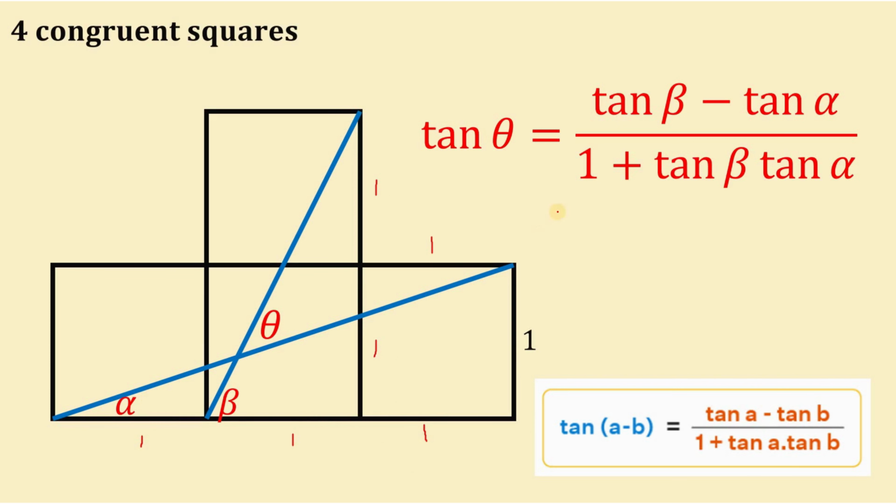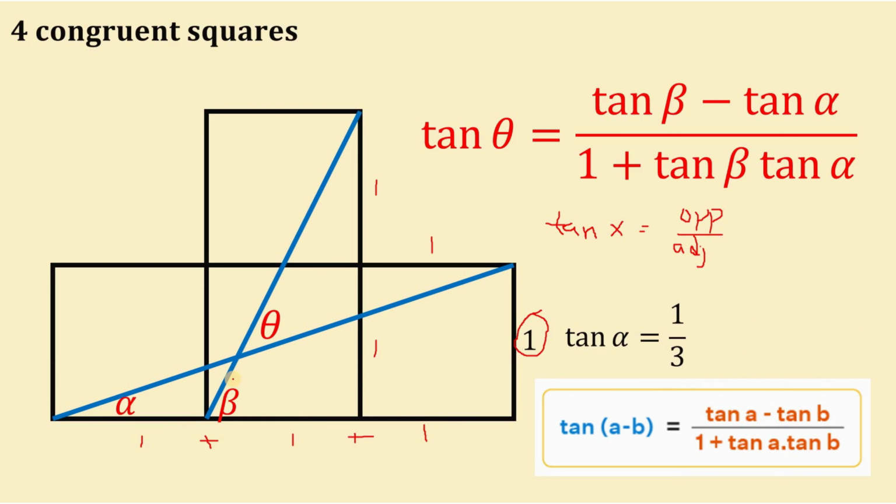Tangent must be equal to the opposite side over its adjacent side. So tangent alpha must be equal to 1 over 1 plus 1 plus 1, or simply 1 over 3. So tangent alpha must be equal to 1/3.